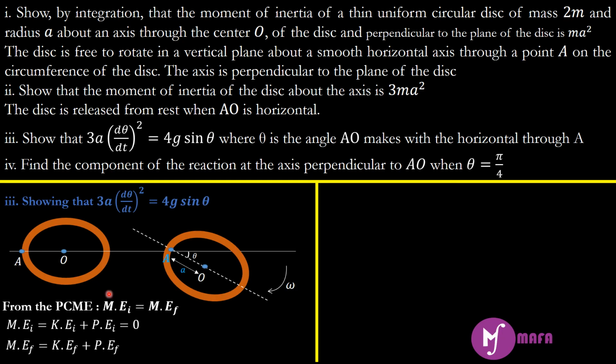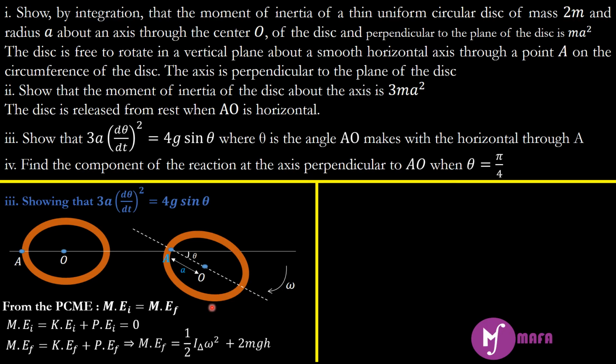Now what about the final mechanical energy? It is simply the sum of the final kinetic energy and the final potential energy. Now, what is the final kinetic energy? Since we are dealing with rotational motion, that's rotational dynamics, we cannot write kinetic energy as half mv squared. We need to write it in terms of the angular velocity and the moment of inertia.